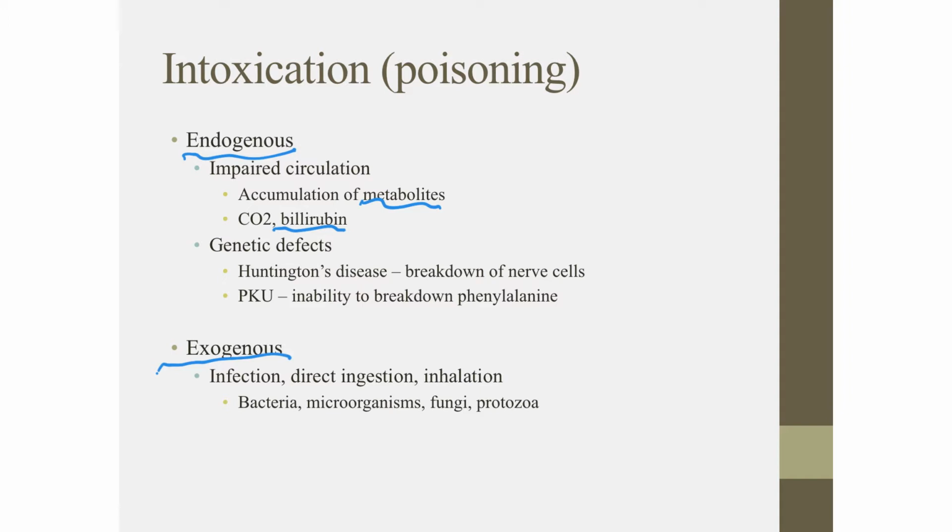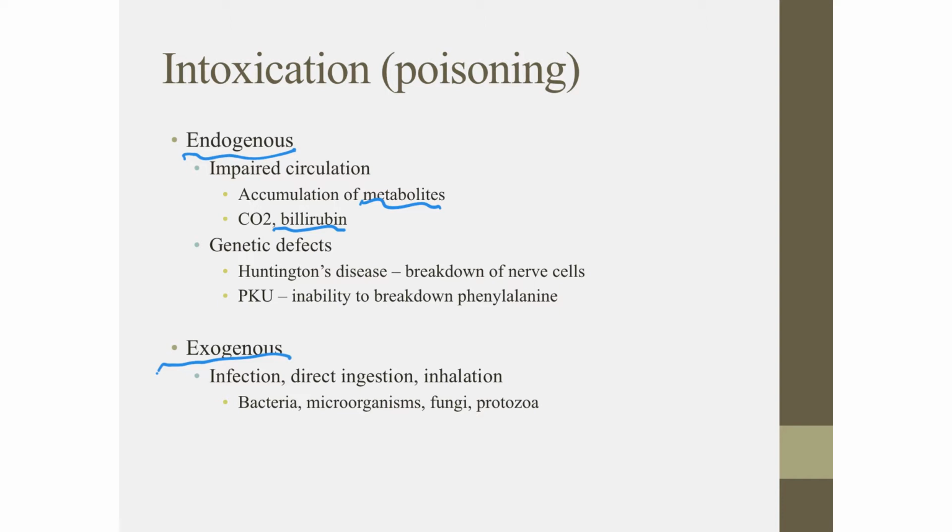And this yellow pigmentation can first start to color the nail beds and then the skin and the sclera, the white parts of the eye. And this is known as jaundice. So jaundice itself isn't a disease, but it is a sign that tells you something in the body is broken.